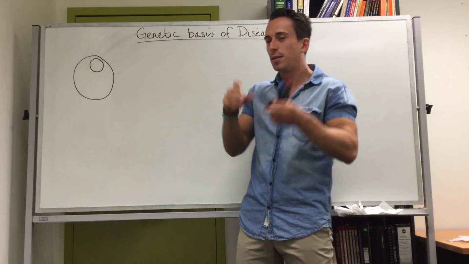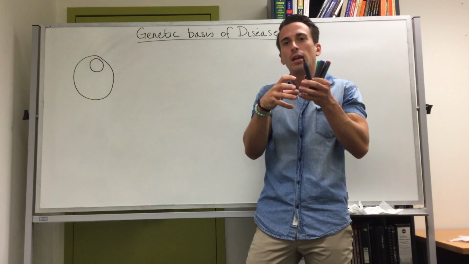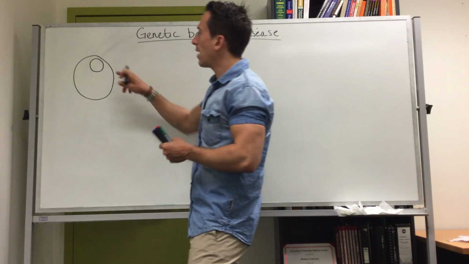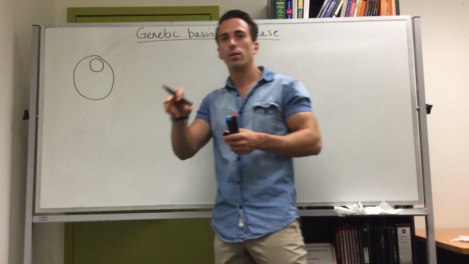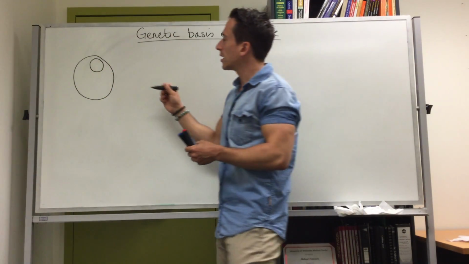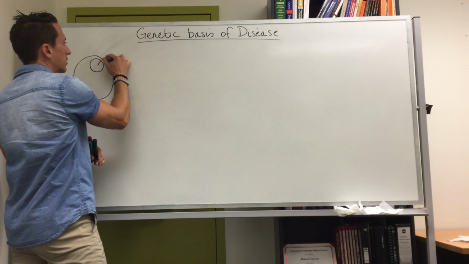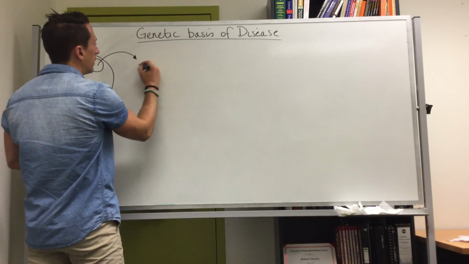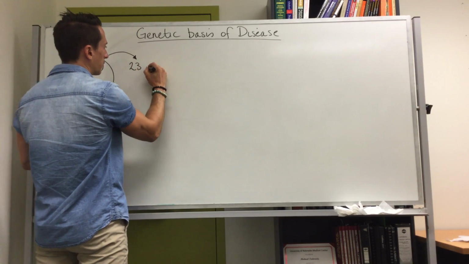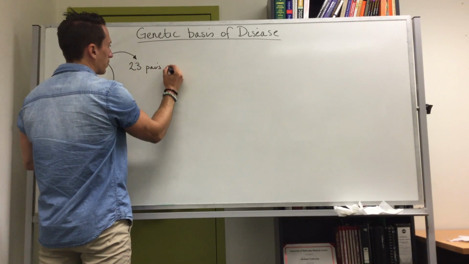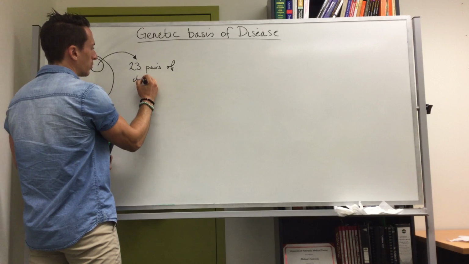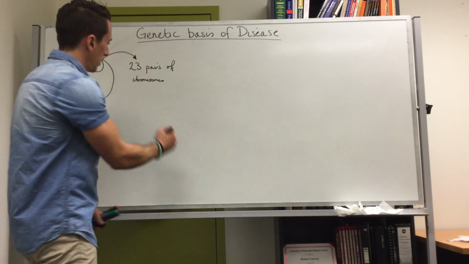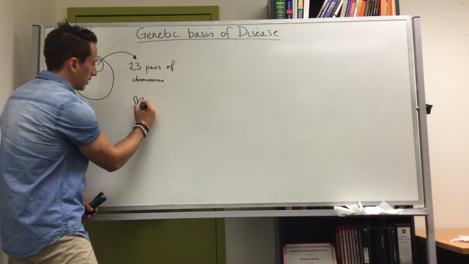Well, you'll find that the DNA is held together in a compact form called chromosomes. If you were to have a look under an electron microscope at the DNA, you would see that inside the nucleus of our cells, we actually have 23 pairs of chromosomes. Now, these chromosomes look a little bit like this.